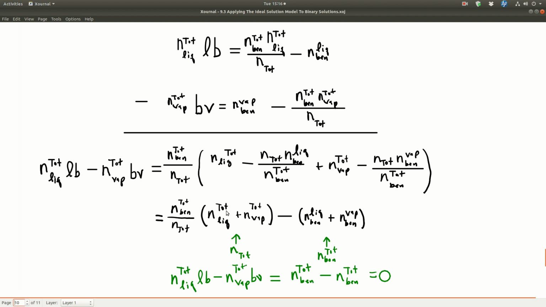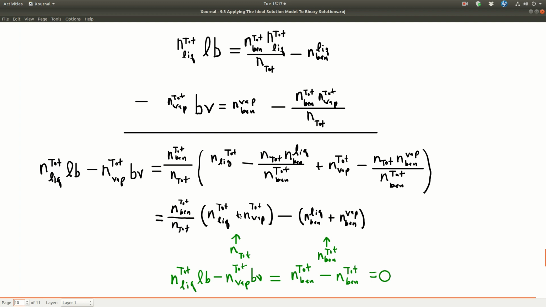But this in the parentheses here is just the total moles, and this right here is just the total moles of benzene. So we just get total moles in the liquid phase times LB minus total moles in the vapor phase times B nu is equal to total moles of benzene.